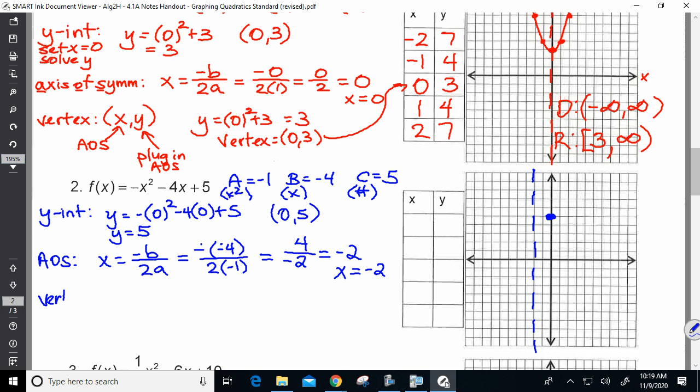Vertex. Remember, your vertex is a point. The x value is the axis of symmetry. The y value is what you get after you plug it in. Negative parentheses negative 2 squared, minus 4 times negative 2, plus 5.